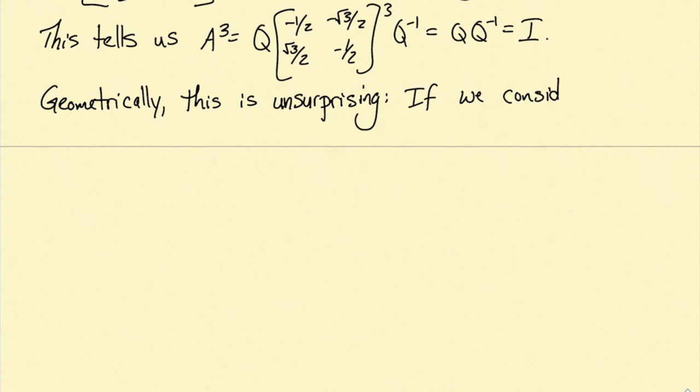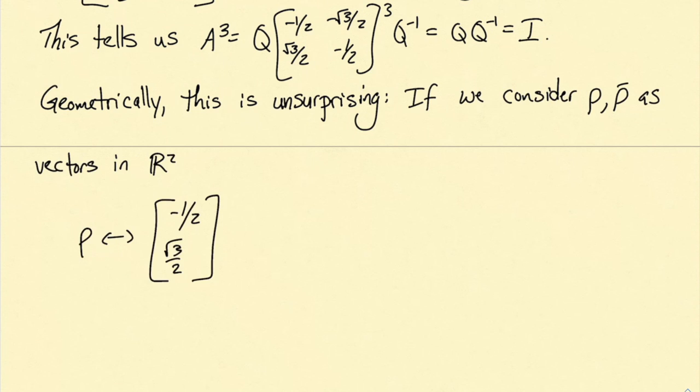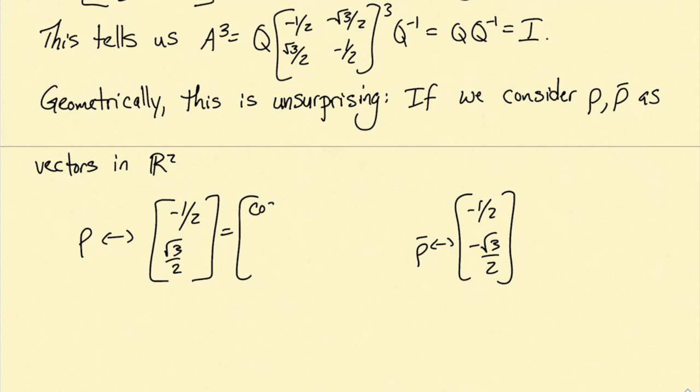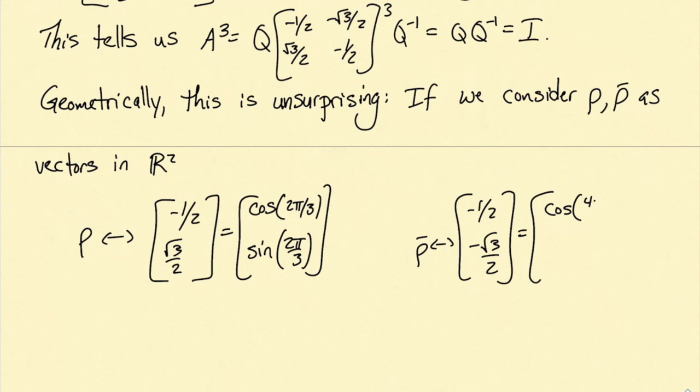If we consider the two complex numbers rho and rho bar as vectors in R2, then if we think back to a course in trigonometry, we should remember that the first one, rho, has coordinates cosine 2 pi over 3 and sine 2 pi over 3, while rho bar has coordinates cosine 4 pi over 3 and sine 4 pi over 3.